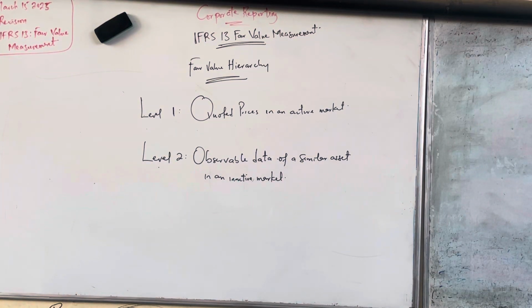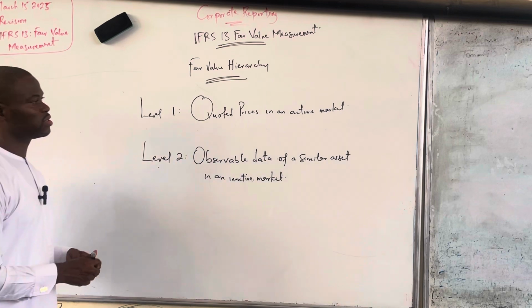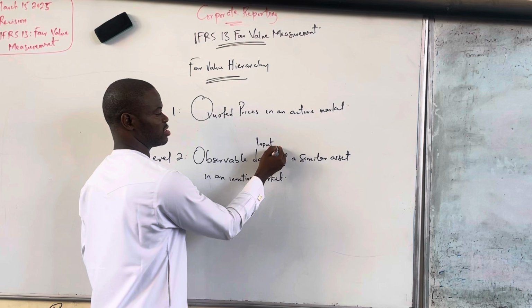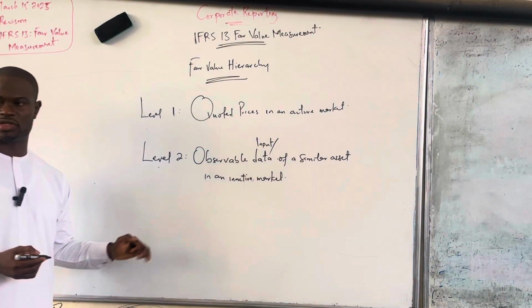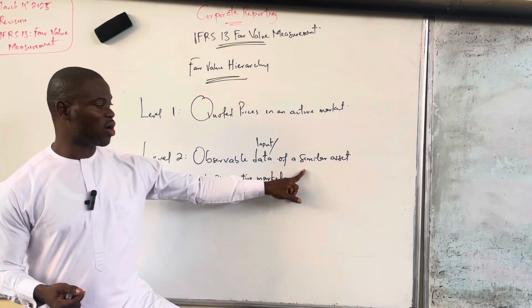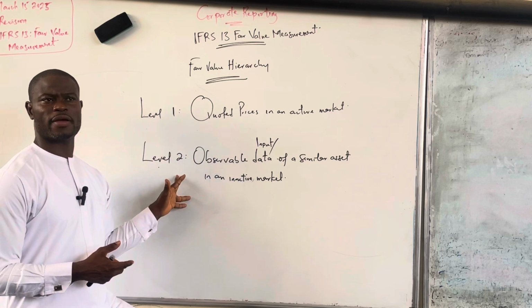That's level two. Observable what? Observable data, or they can call it observable inputs. Either data or input, it's the same thing. So level two is observable data of a similar asset in an inactive market. I think this is clear.